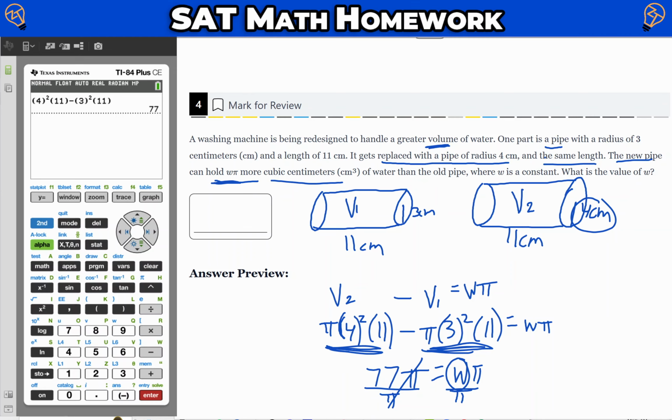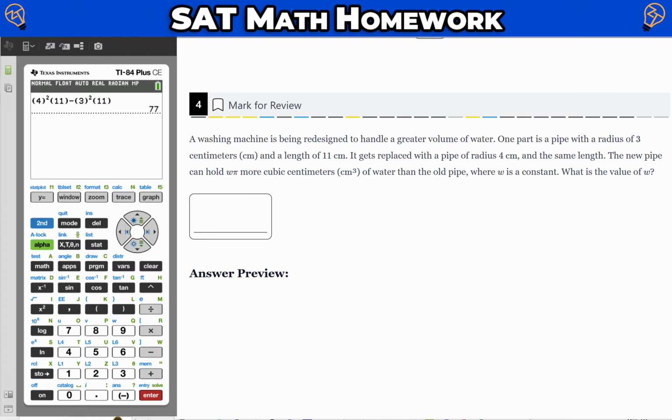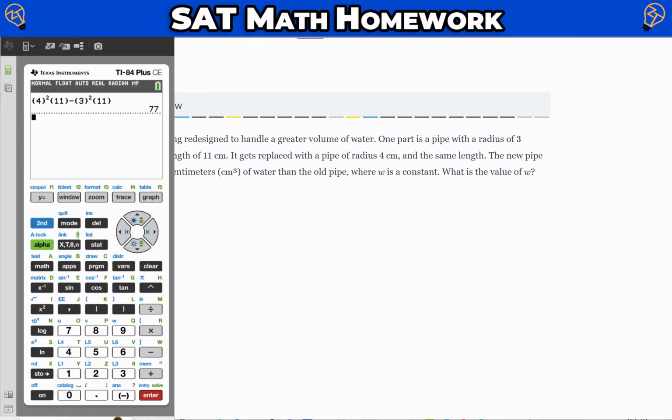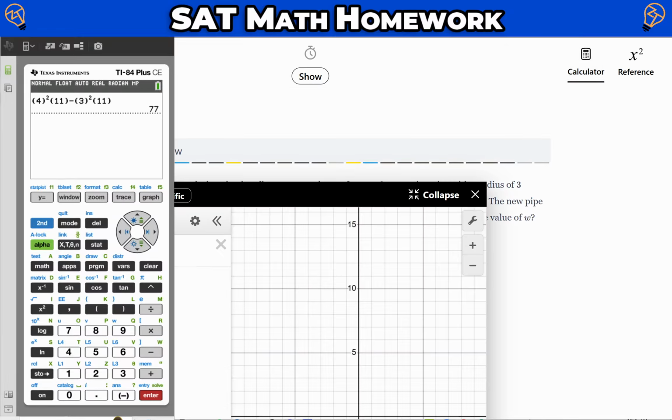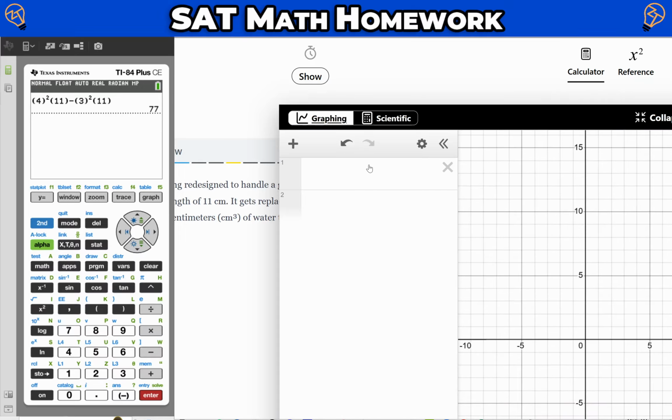However, something that I think is pretty neat is we could actually do this in Desmos, and I just want you to be aware of how we could do it. So when we go into Desmos, we can type in this exact formula. Now I can do pi to get pi, which is a nice shortcut to be aware of.